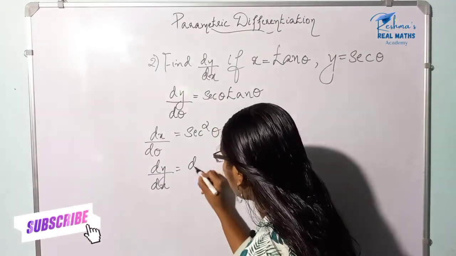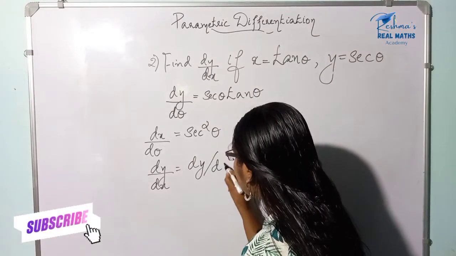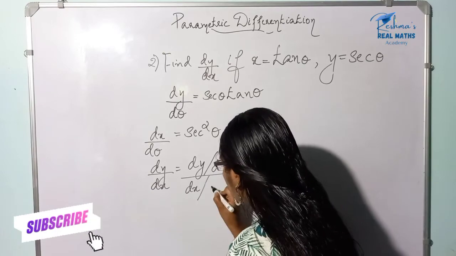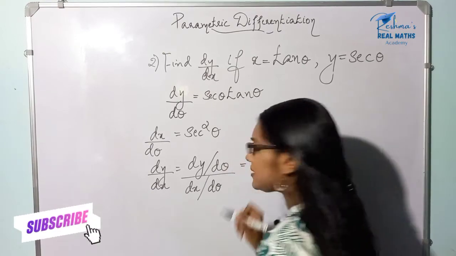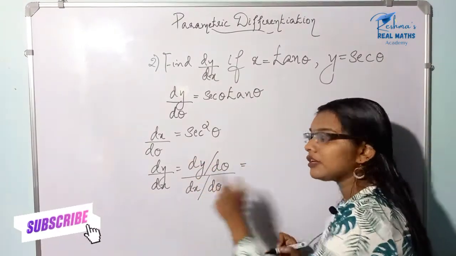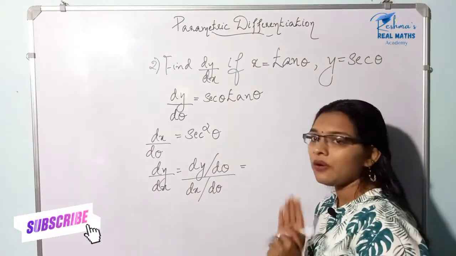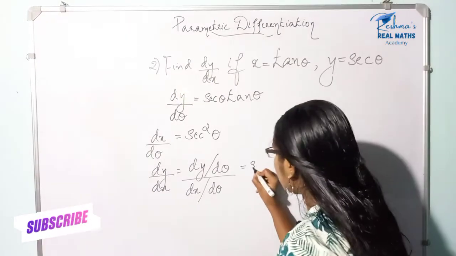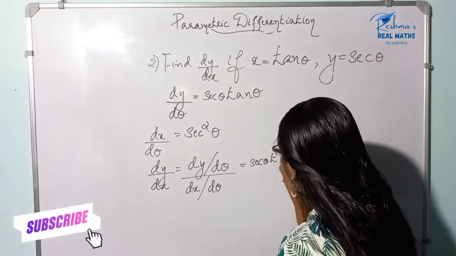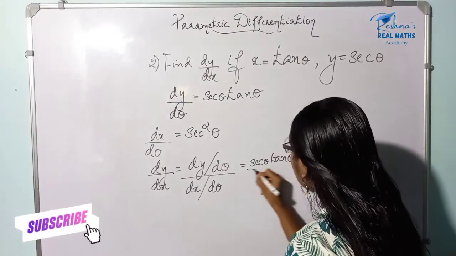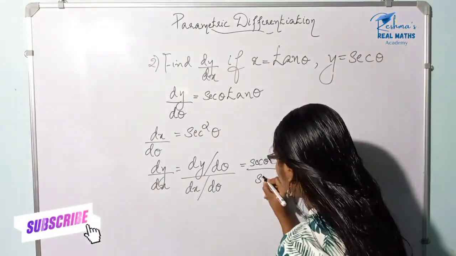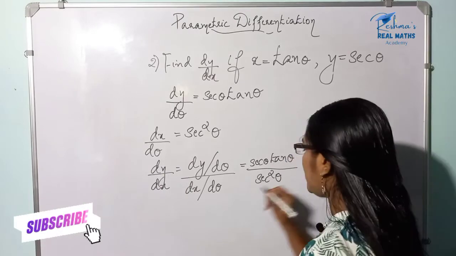It is equal to dy by d theta divided by dx by d theta, isn't it? So we have already solved the numerator and denominator. We have to now substitute it. What is dy by d theta? It is sec theta tan theta divided by, what is dx by d theta? It is sec square theta.